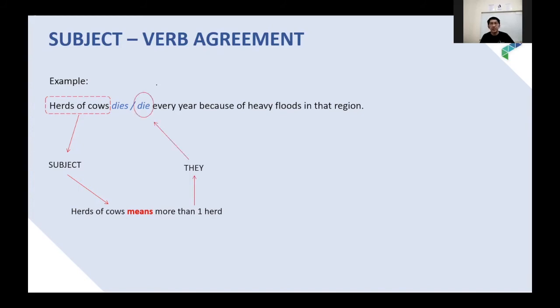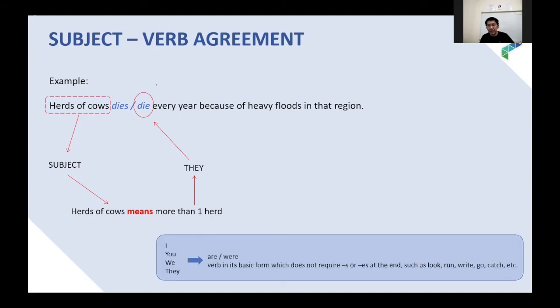So for die, as we mentioned earlier, we use are or were if you can see them in the sentence. And if you cannot see them in the sentence, then we use the verb. We choose the verb in its basic form, the one without s or es at the end of the verb.